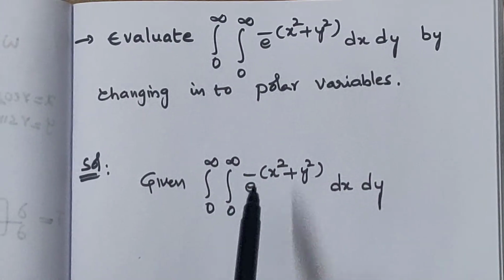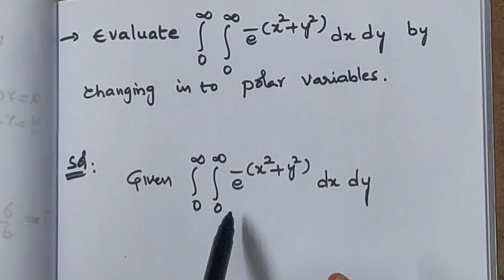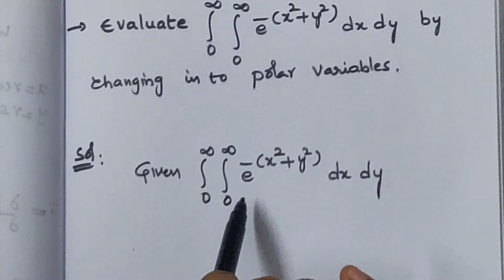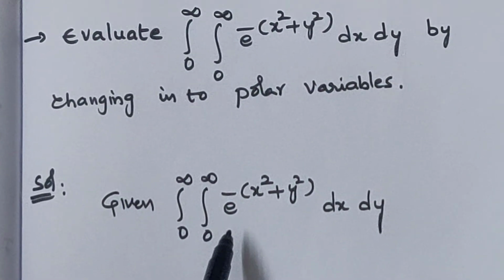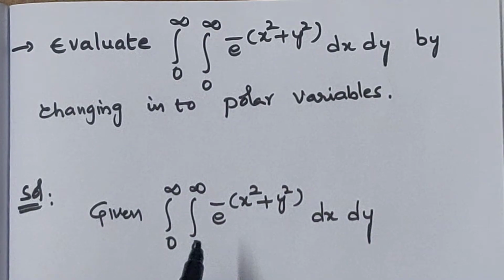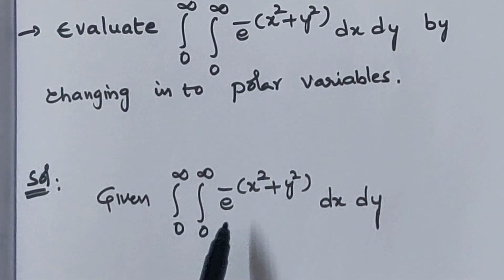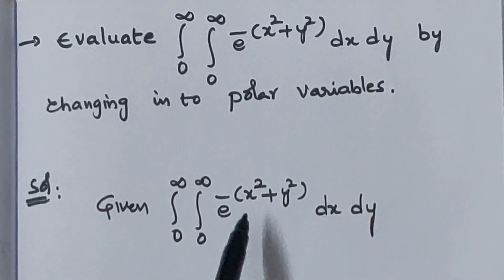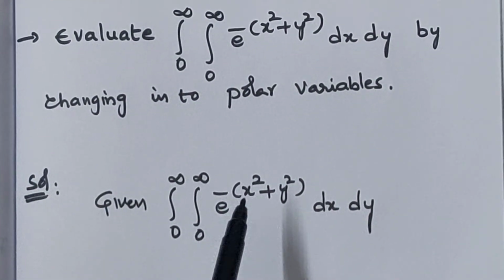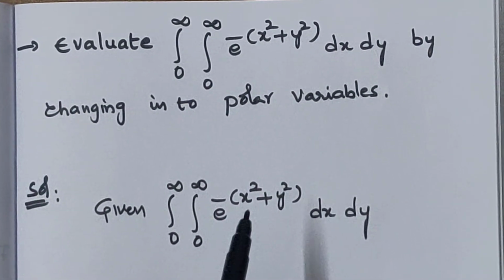That's why, to evaluate this easily, it is good if we convert the whole Cartesian double integral into a polar double integral. For that, we have to convert the Cartesian variables and the functions in x comma y into the polar variables r and theta.